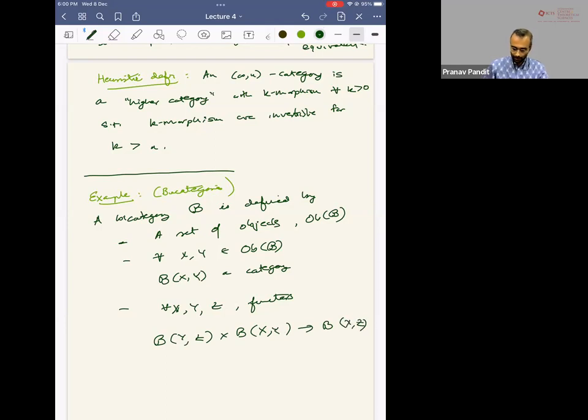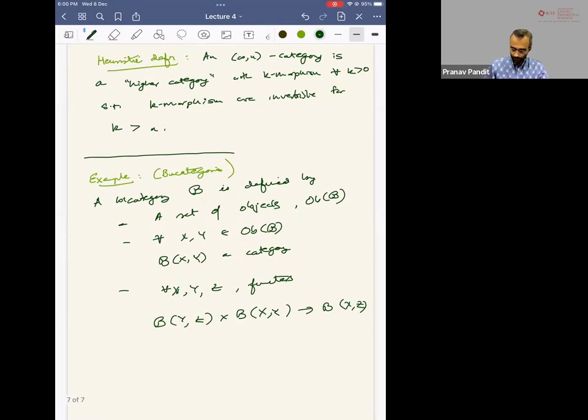Let's call this multiplication. Let me write it like this: (f, g) goes to f circle g at the level of objects and then at the level of morphisms as well. So let me call this map circle. So it's a functor. It acts on the objects of B of xy and B of yz. It also acts on the morphisms between these objects.